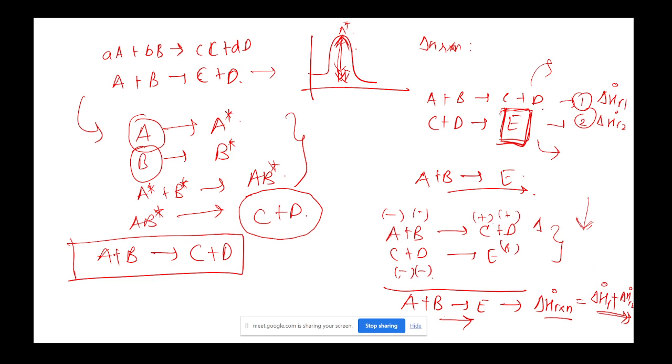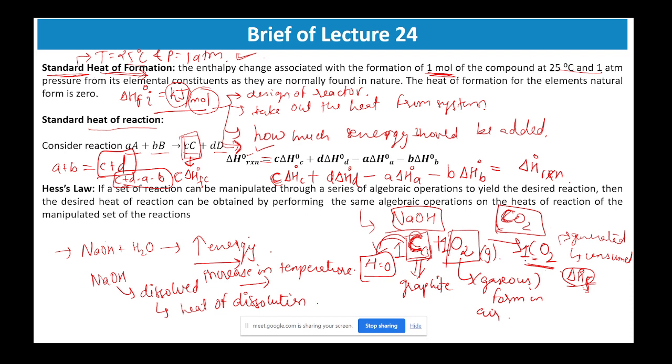Such a law is known as Hess law, which states that if a set of reactions can be manipulated through a series of algebraic operations to yield a desired reaction, then the desired heat of reaction can be obtained by performing the same algebraic operations on the heats of reaction of the manipulated set of reactions.